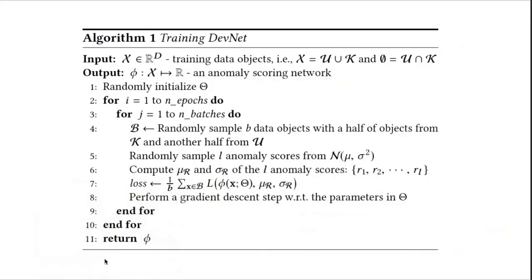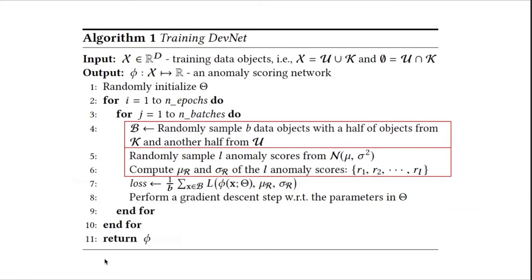So let's look at the algorithm. As I highlighted here, for each iteration, for each batch, they use a mini batch optimization approach. For each batch, they randomly sample data points from both the unlabeled data and the anomaly data points.